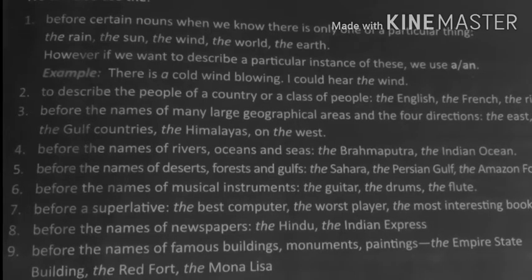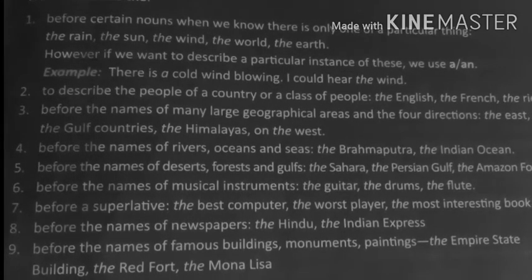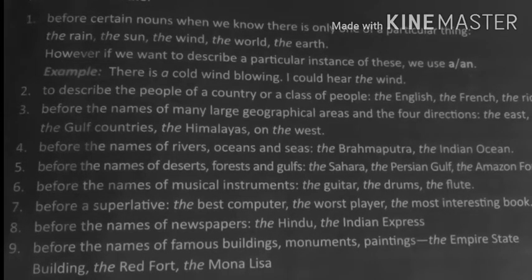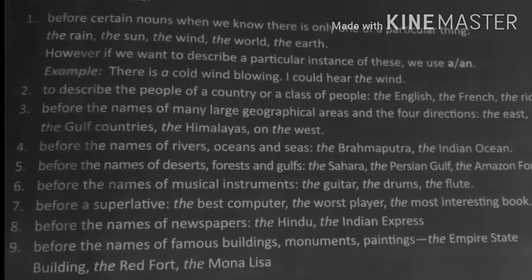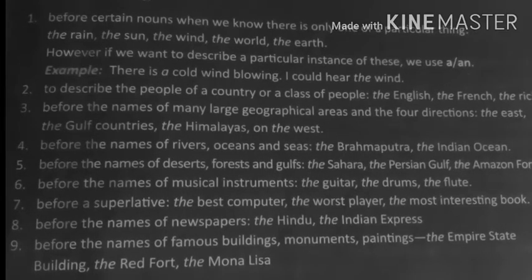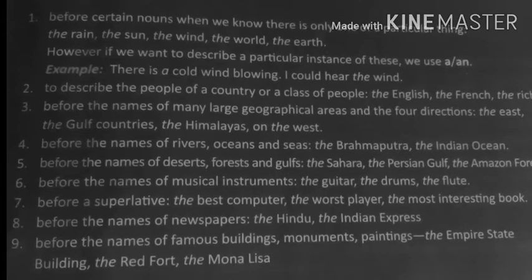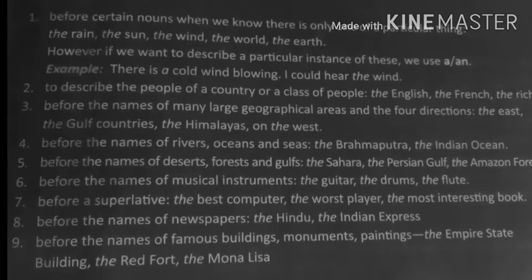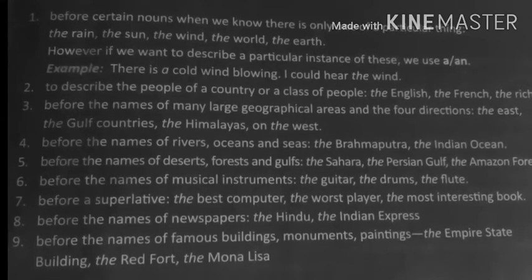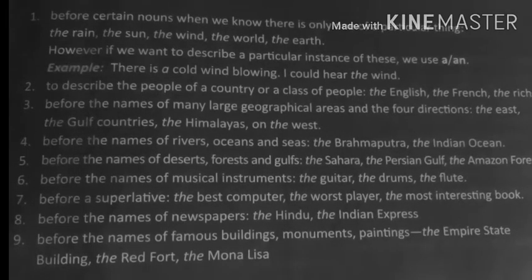Sometimes it is also used before a superlative degree, like the best computer, which is a superlative degree here, best. The worst player, the most interesting book. Before the names of newspapers, like the Hindu, the Indian Express, or the Telegraph.